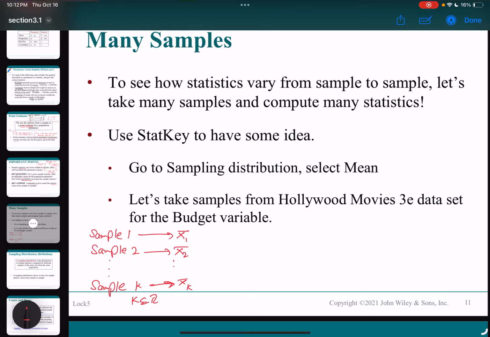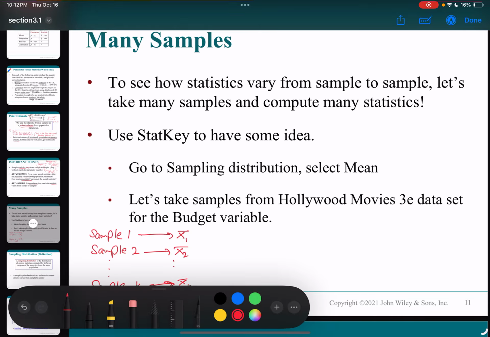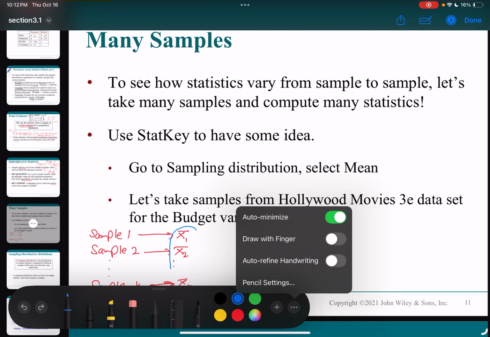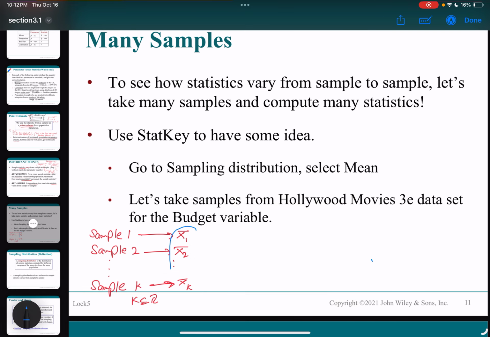Now I can consider all these x bar values in each sample. They are different, and then I can plot them using a dot plot.